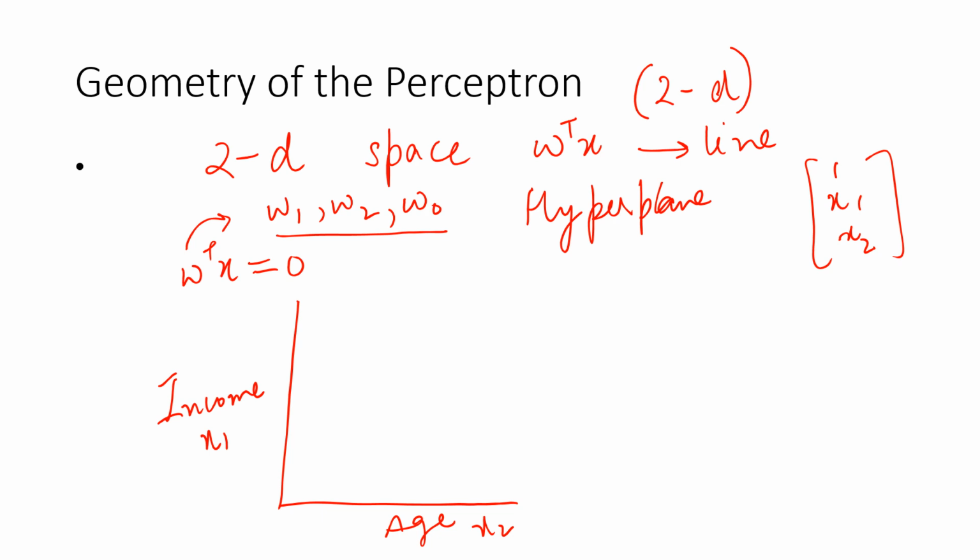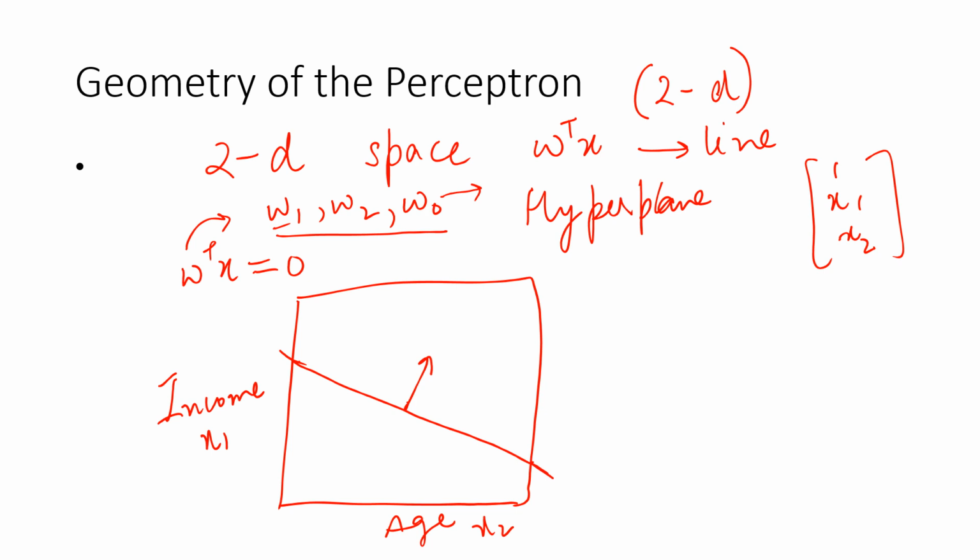Let's say my w transpose x is something like this. The normal to this is nothing but the components w1 and w2. That's how this line comes into the picture. And w0, if you remember the equation of a line, is going to decide where exactly this would cut the axis.